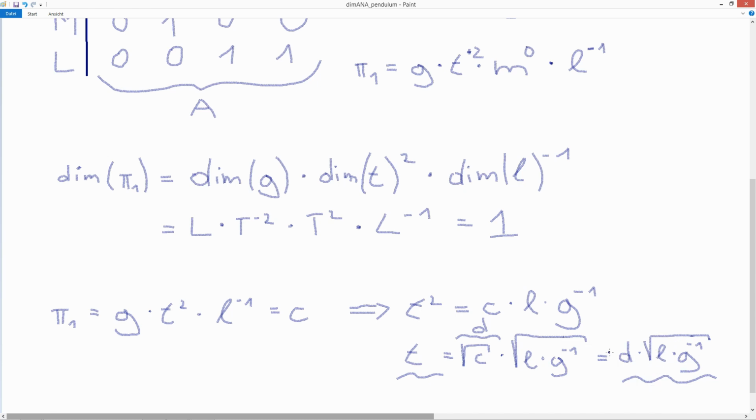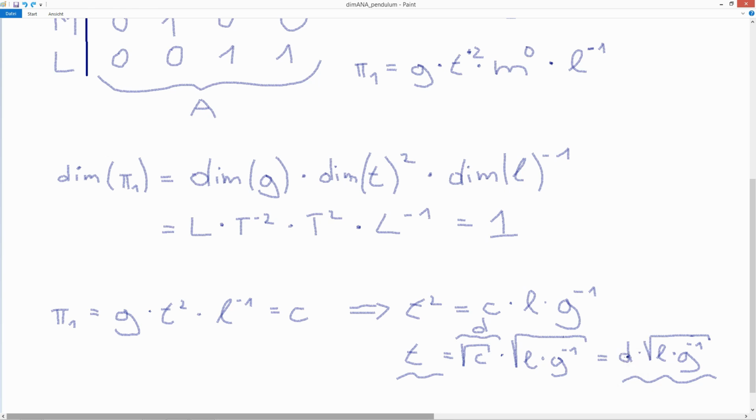The constant d can only be approximated. You have to do a real experiment using a real pendulum with a given length L. Measure the duration t and plug t, L and g in this formula, and then you can calculate or approximate the constant d. So with dimension analysis alone you can't find this value d.